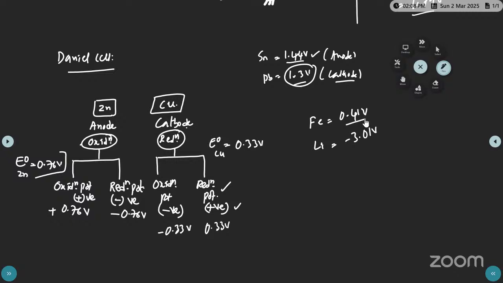Oxidation potential or reduction potential? Oxidation potential. Why does iron act as anode? It has higher value, higher potential. And lithium acts as cathode. And the given potential is oxidation potential.